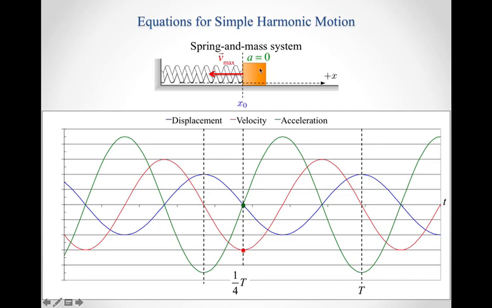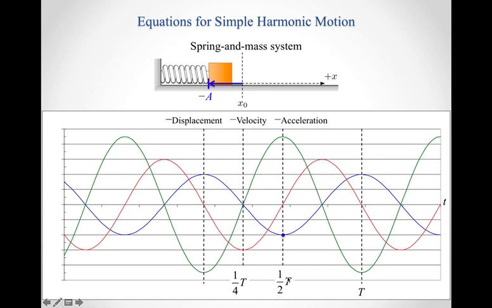Because it's back at equilibrium, the acceleration is 0, and that's exactly what I see with my acceleration curve. It is also crossing the axis here, so its value is also 0. If I let my mass keep moving, it started at amplitude over here, and I let it swing all the way over to amplitude over there. Now it's at its negative amplitude, the largest negative value it's ever going to have, halfway through the cycle.